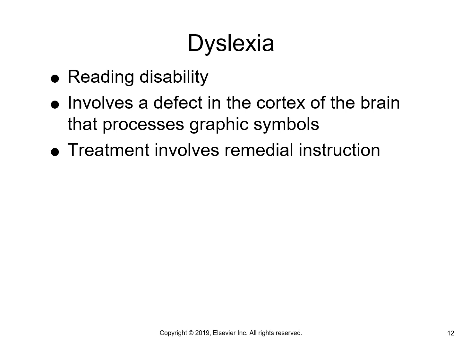Treatment involves remedial instruction, meaning that you're going to have to keep retraining the child, hoping that the brain can actually be trained to look at the letters or the graphic symbols, and hopefully eventually the brain will be able to process it and interpret it.